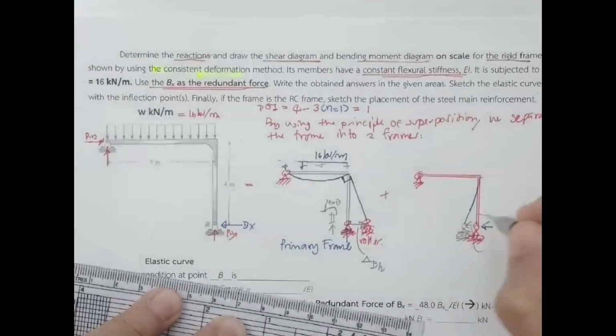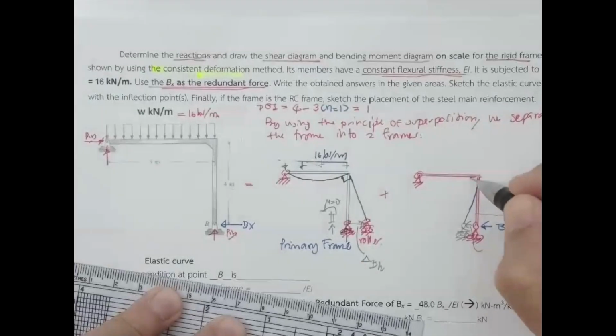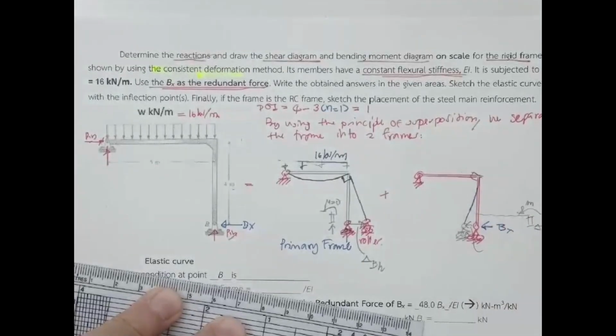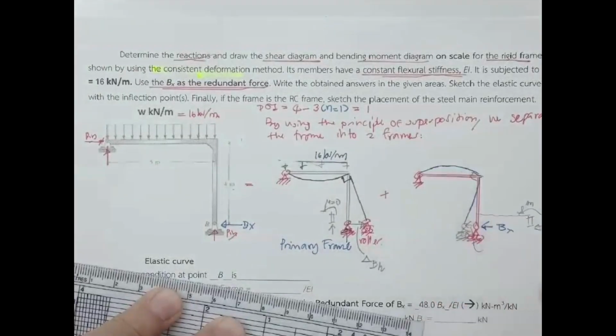Since if you cut it over here, the force B sub X will produce the moment over here. So this one should be curved like this, and then it must keep the 90-degree angle, and this beam should have this kind of elastic curve.